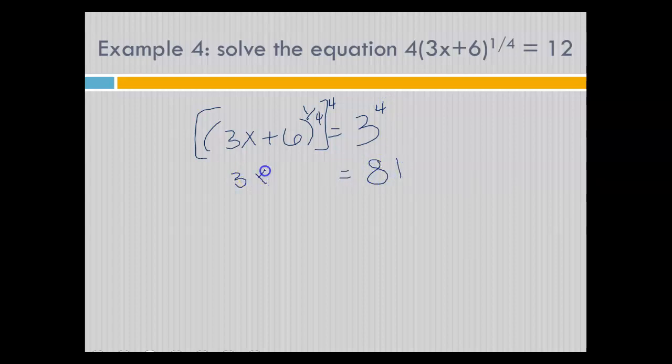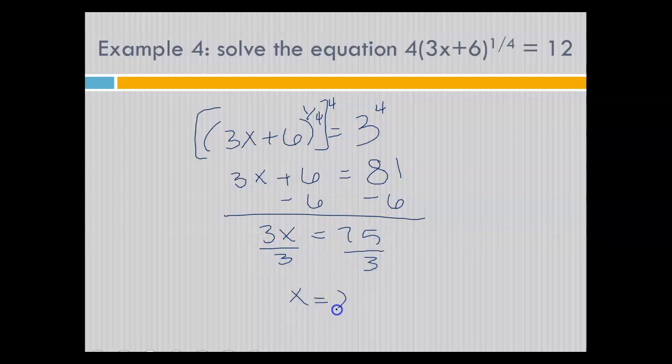So you get 3x plus 6 equals 81. 3x equals 81 minus 6. Divide by 3. X equals 25.